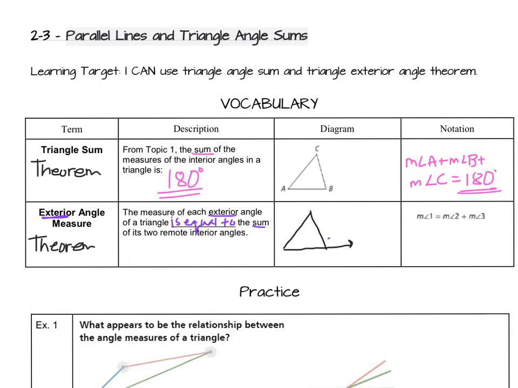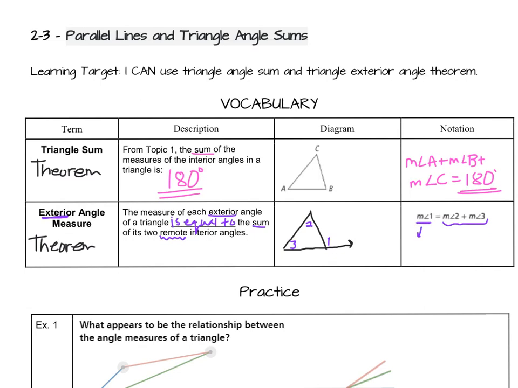I'm going to put a 1 in that right-hand corner on the outside. That's my exterior angle. Now the two remote interior angles are the two angles that angle doesn't touch on the inside. So I'm going to put 2 on the top and 3 over on the left-hand side. Notice the notation. The measure of angle 1 is equal to the sum of the measures of angles 2 and 3.